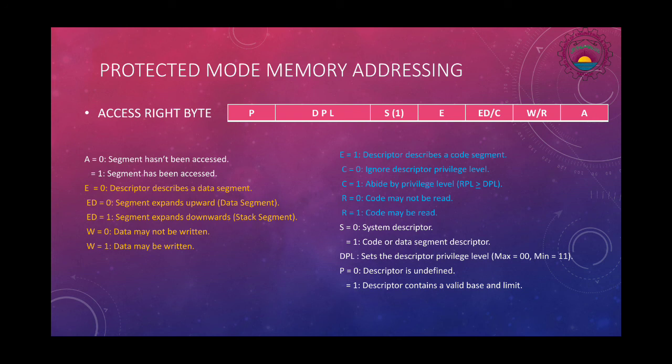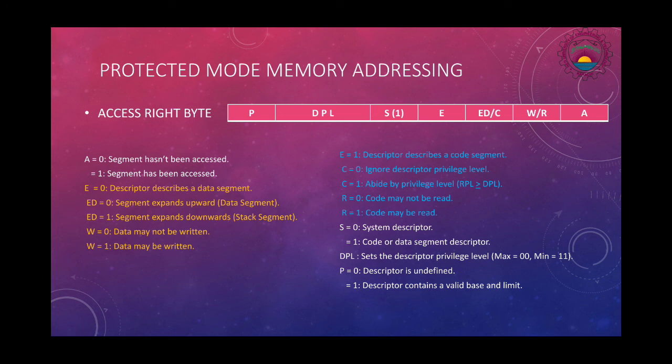Then you have the DPL. There are 2 bits for DPL, the descriptor privilege level. We have discussed RPL earlier. When we discussed the selector and table indicator, there were 2 bits for requested privilege level.